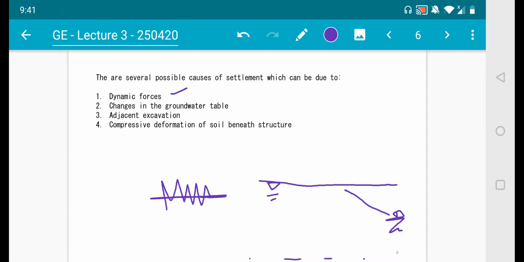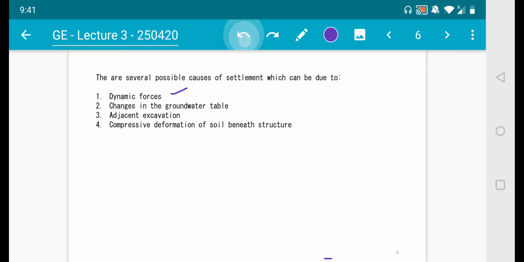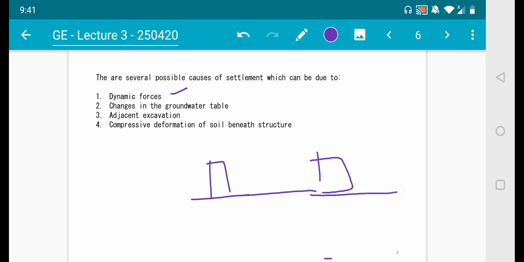Third is adjacent excavation. What is this? It's when you have a building and on the opposite side you have excavation works going on. Let's say you excavate this area, maybe for a garage or a parking basement, and this is likely to cause some effect on the building opposite.